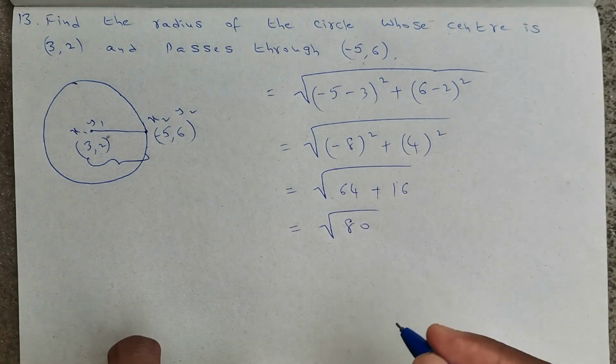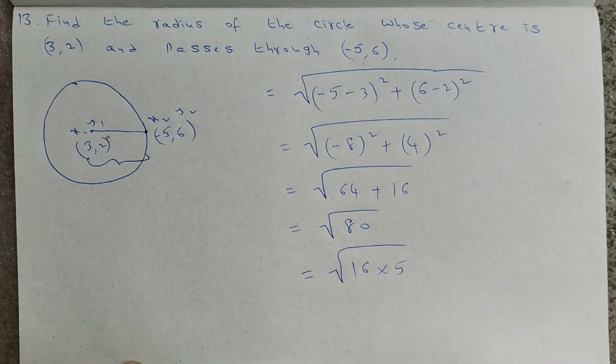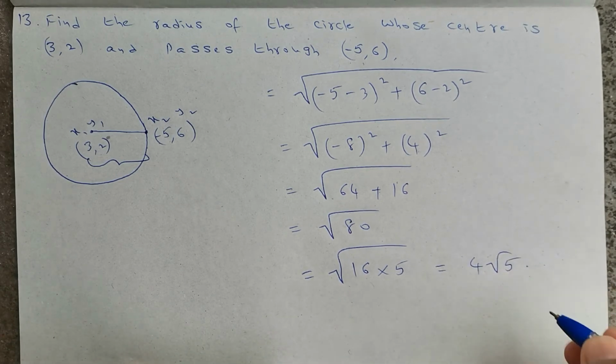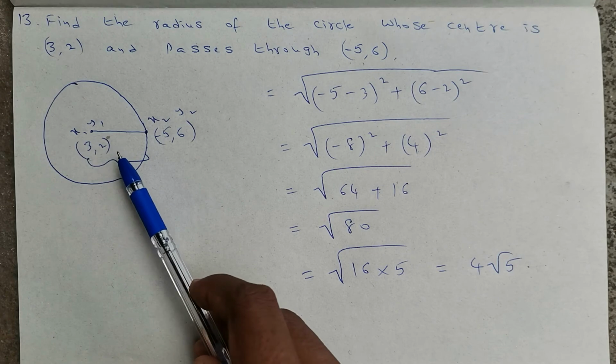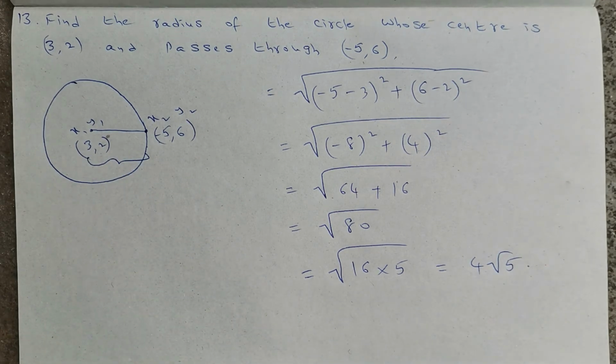So this root 80 can be written as under root 16 times 5, so root 16 is 4, into root 5 as it is. So the radius of the given circle is 4 root 5.